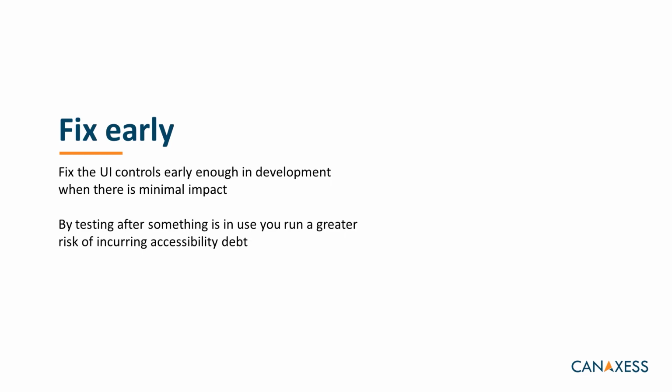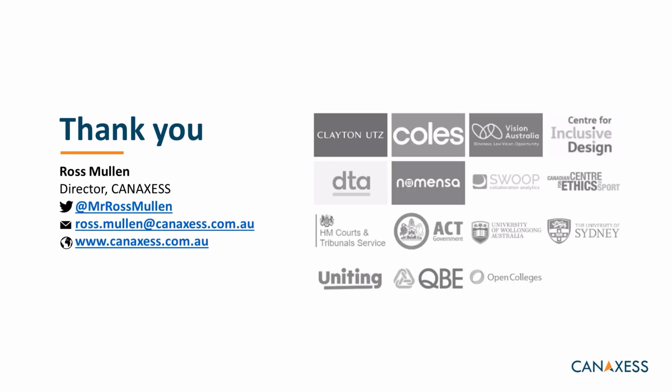This is a story about detecting and fixing early enough to find problems. Replace UI libraries with anything else procured and you will have the same challenges. By testing after something is in use, you run a greater risk of incurring accessibility debt, which becomes detrimental to a project's success.